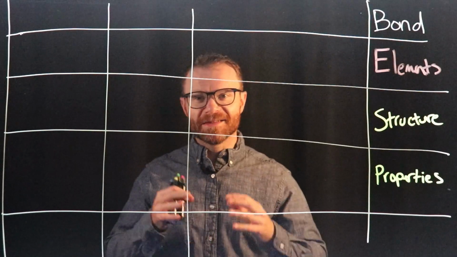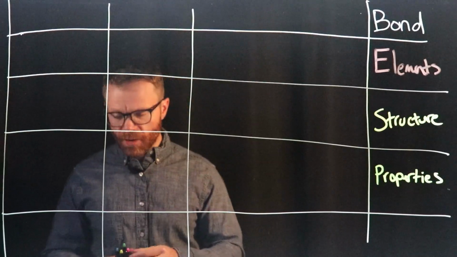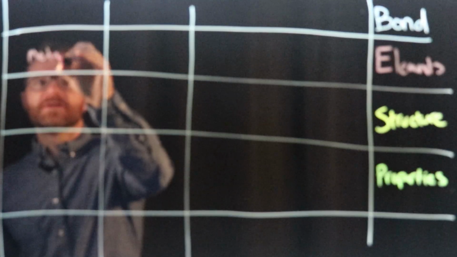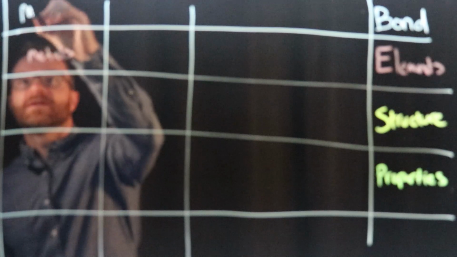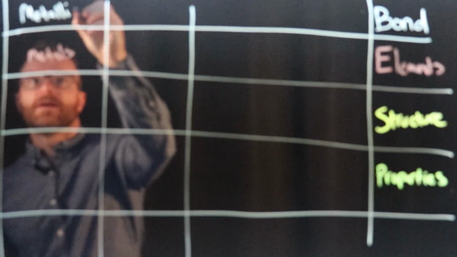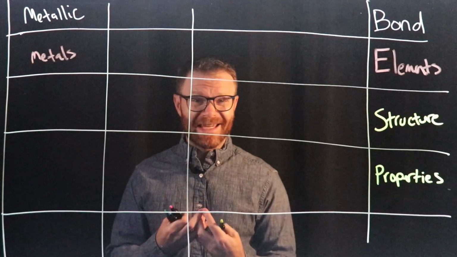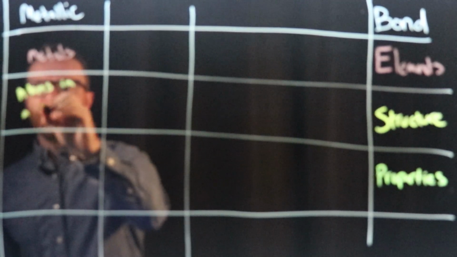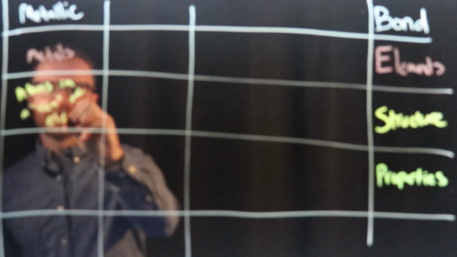Let's review these main types of chemical bonds that we just learned about. For instance, if we had a bond between metals, that would be a metallic bond. And we can describe the structure of a metallic compound as a bunch of atoms suspended in a sea of electrons.